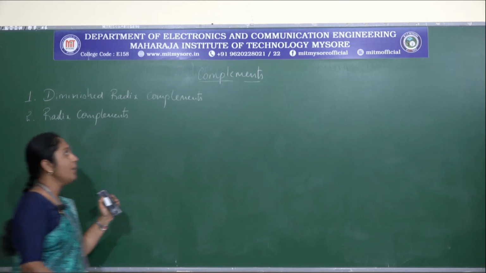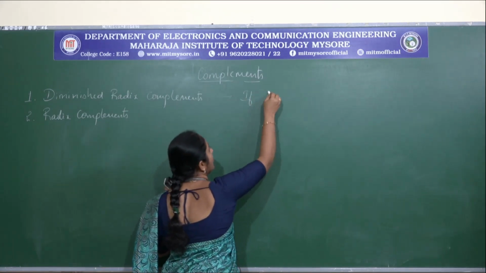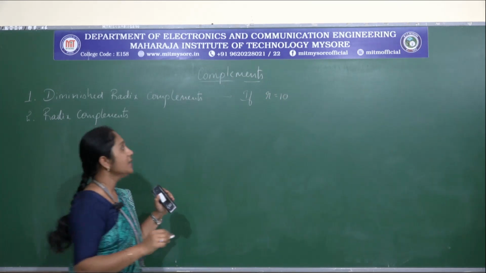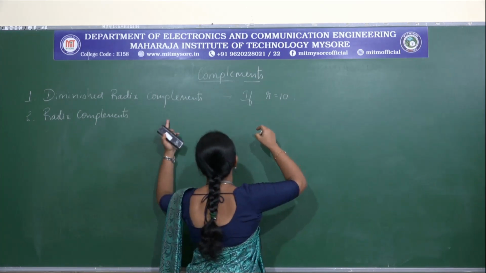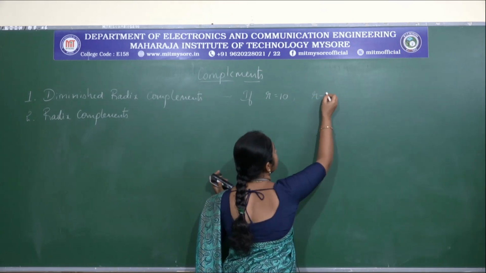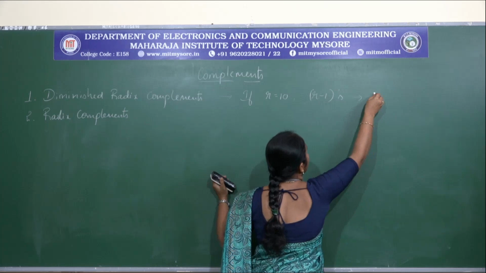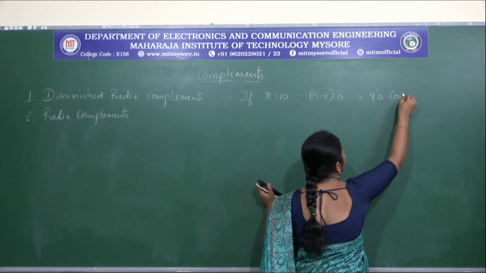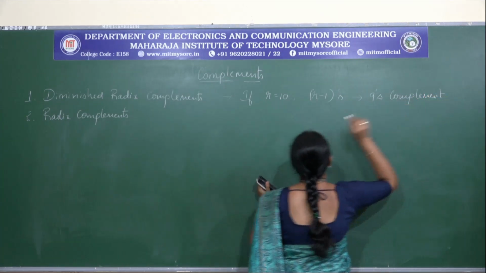As an example, if the base is 10, the decimal number system, then the diminished radix complement is r minus 1's complement. r minus 1 is 10 minus 1, which is 9's complement.